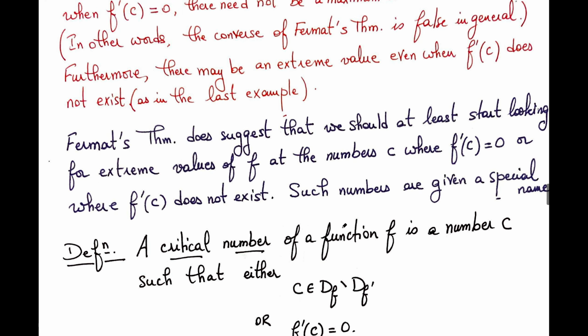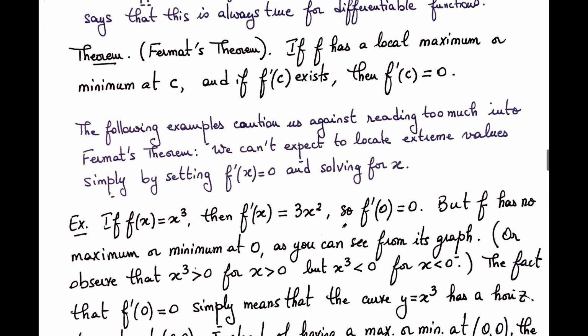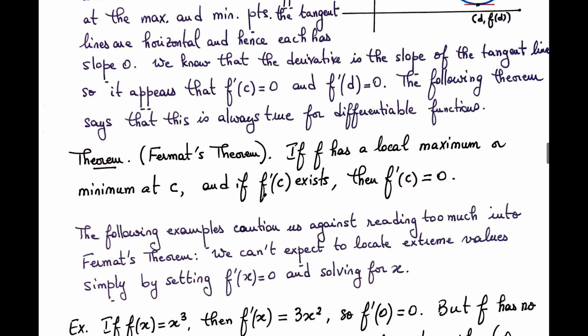Okay, so what we're saying is critical numbers are numbers that either force this conclusion to fail, or force this conclusion to hold, right? So this is what we mean.